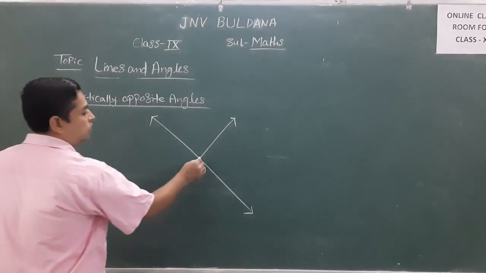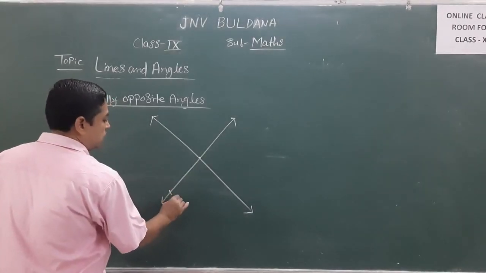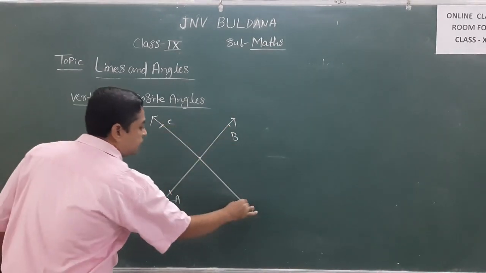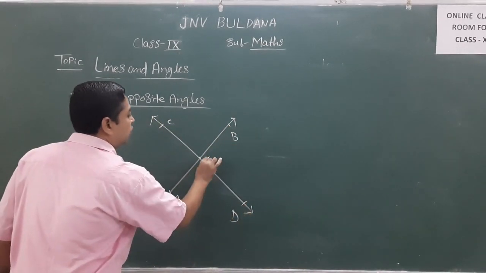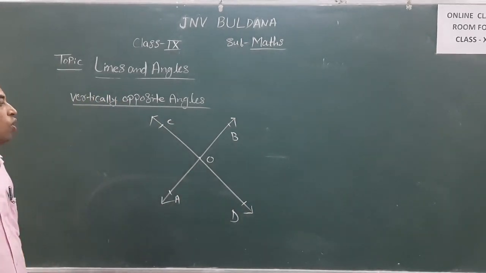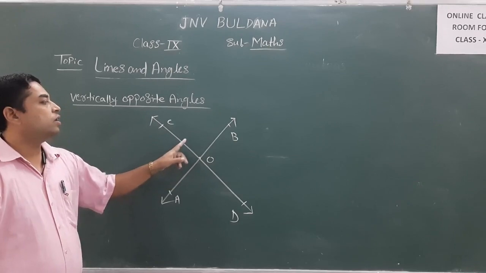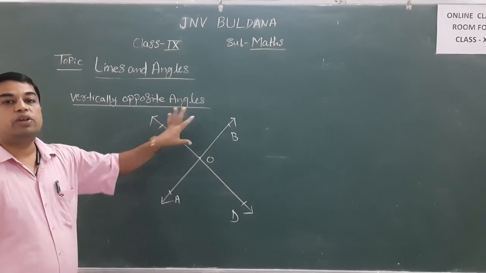When two lines intersect each other, particular angles will form. This is the line AB, and this is another line, CD, and both lines intersect each other at O. When two straight lines intersect at a point, vertically opposite angles will form.